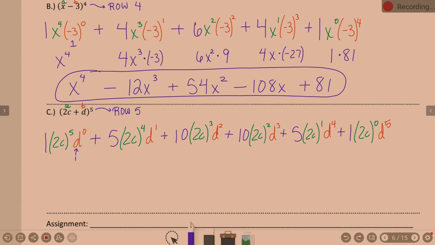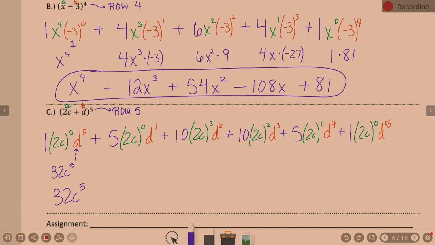So this 2c to the 5th becomes 32c to the 5th. Times the 1, it's just going to be 32c to the 5th in our final answer.